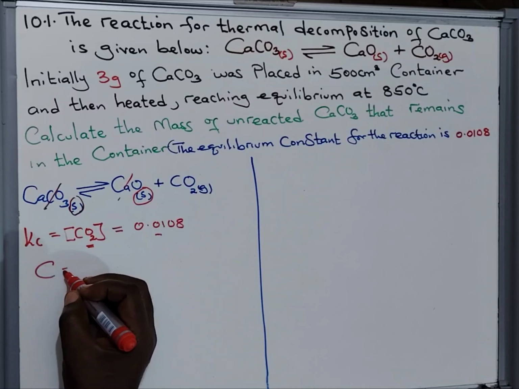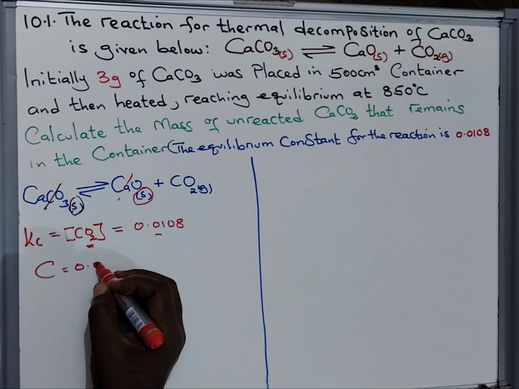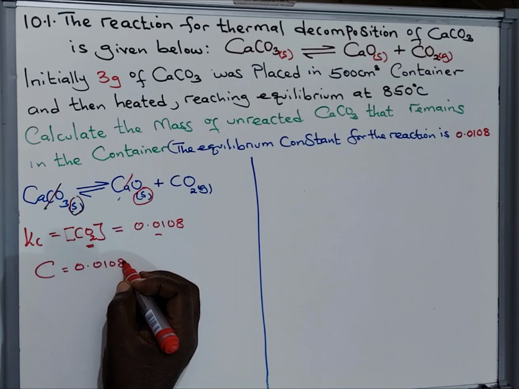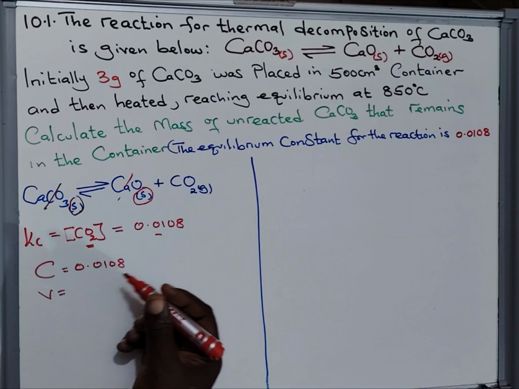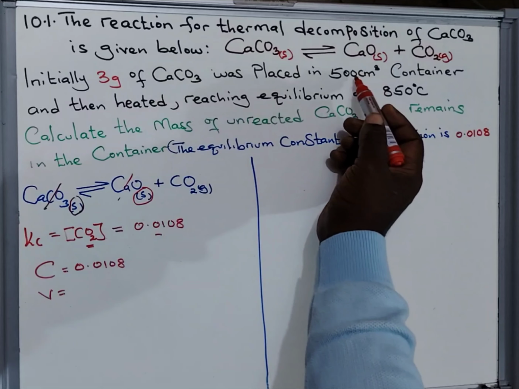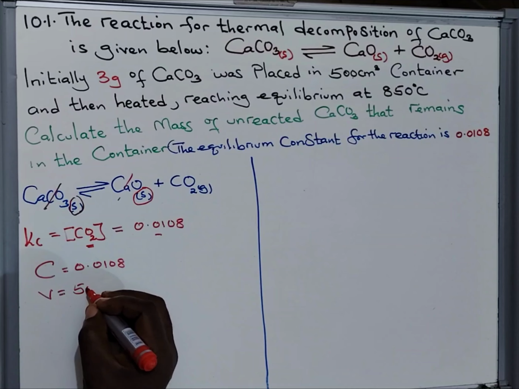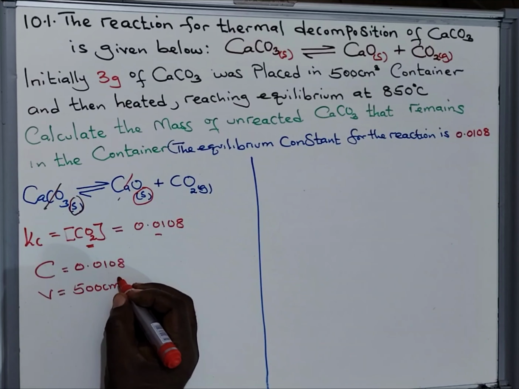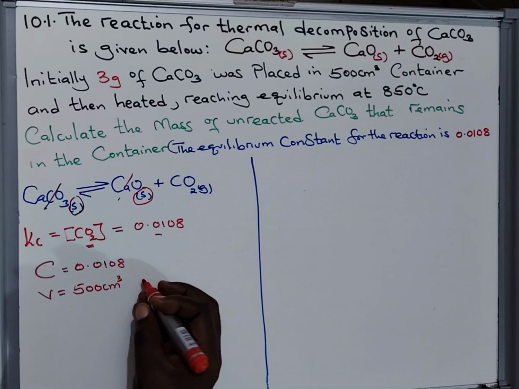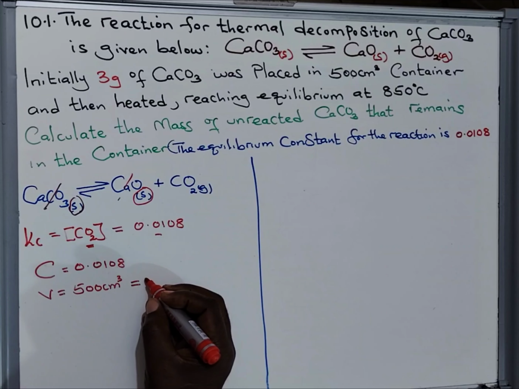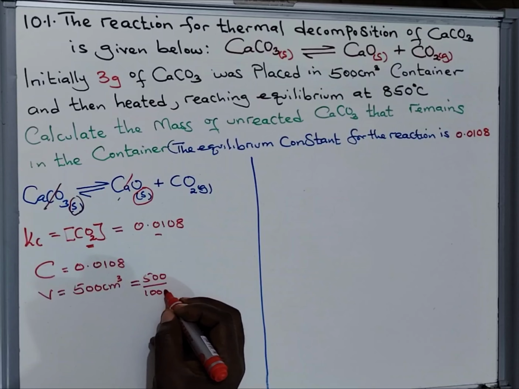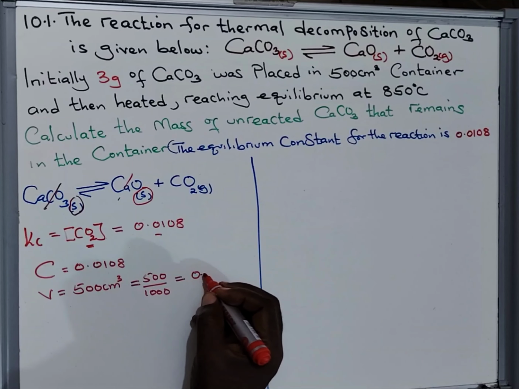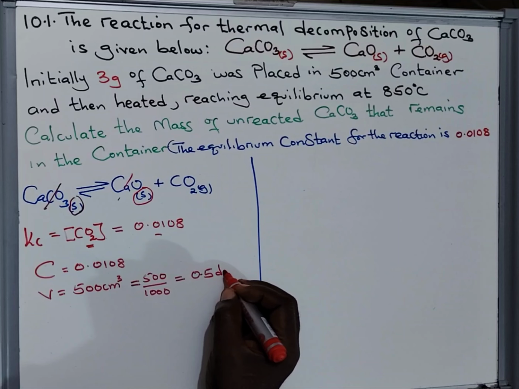Now, knowing the concentration and knowing the volume, which was given as 500 cubic centimeter, and this volume not being in SI units, what do we do? We convert it to SI units by dividing by 1,000. So it's going to be 500 divided by 1,000, giving you 0.5 cubic decimeter.